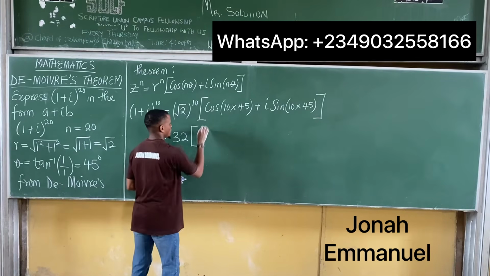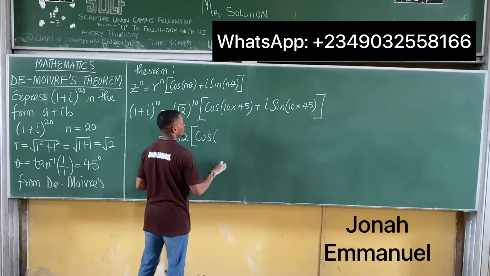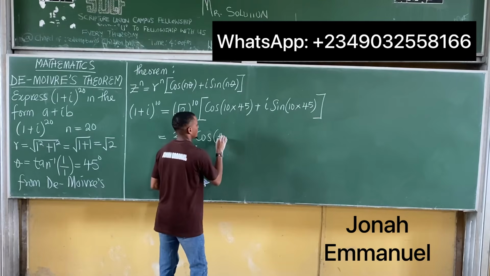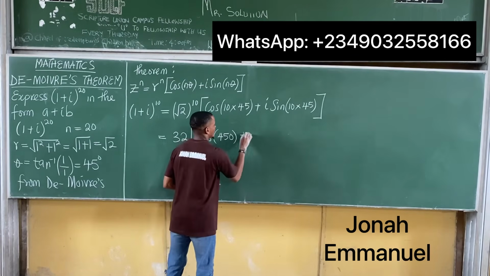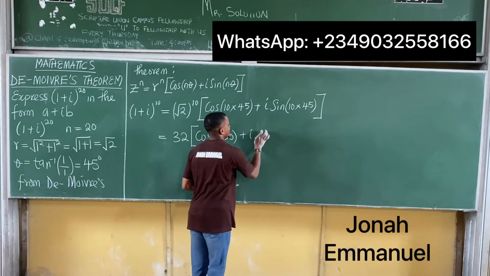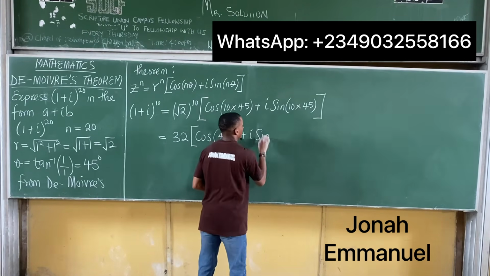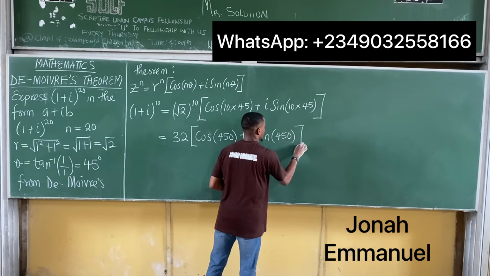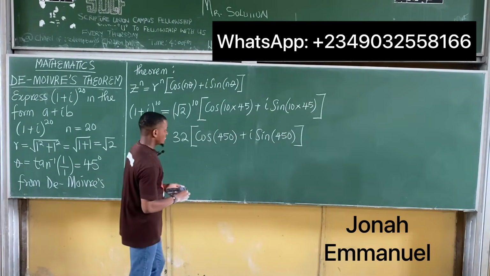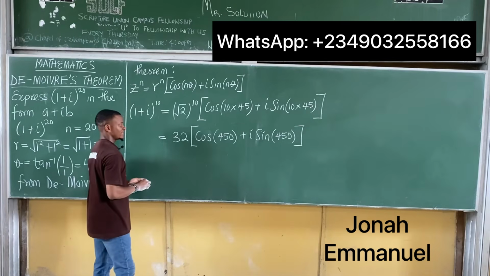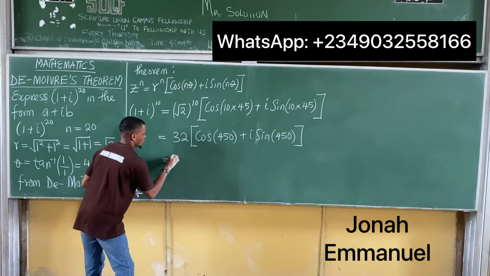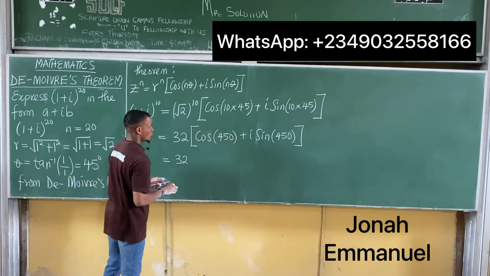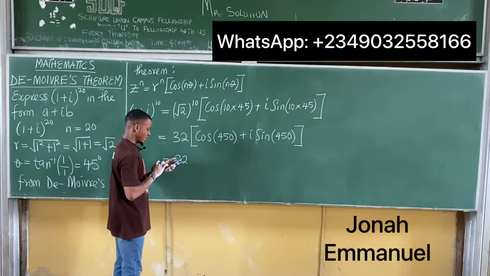cos of 10 times 45, which is 450, plus i sine of 10 times 45, which is 450. So I have this. All right, so just punch this directly and see your answer. This is equal to 32 cos 450. I think we got that as 0.